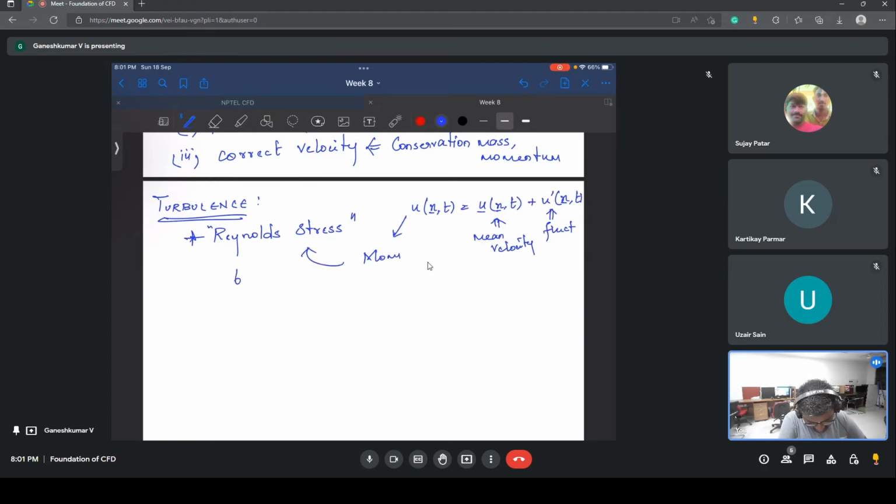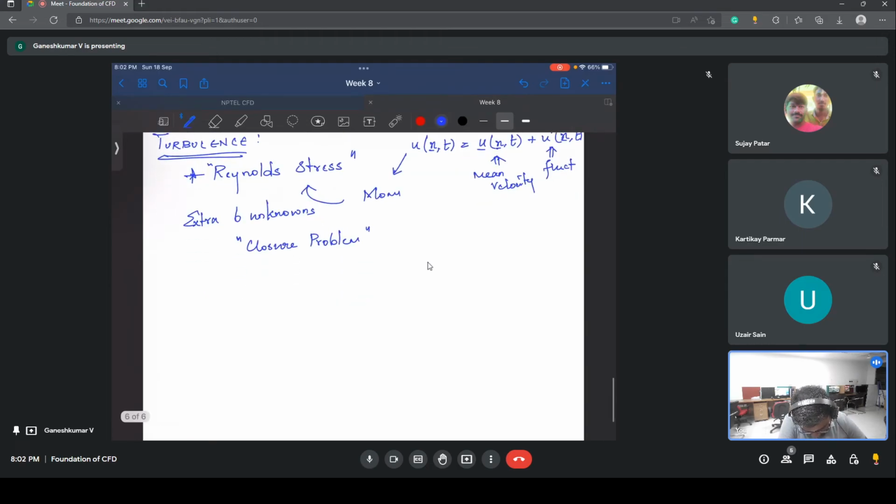So you will have 6 extra unknowns in addition to the 4 unknowns, the u velocities and pressure, which leads to something called the closure problem. You need to come up with other equations to find these 6 unknowns.